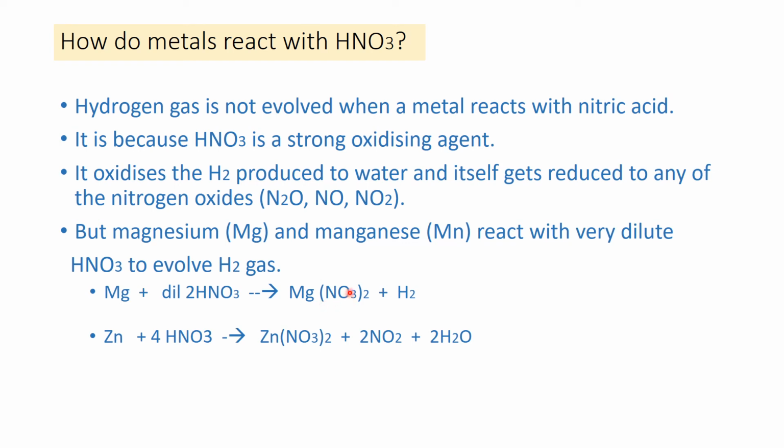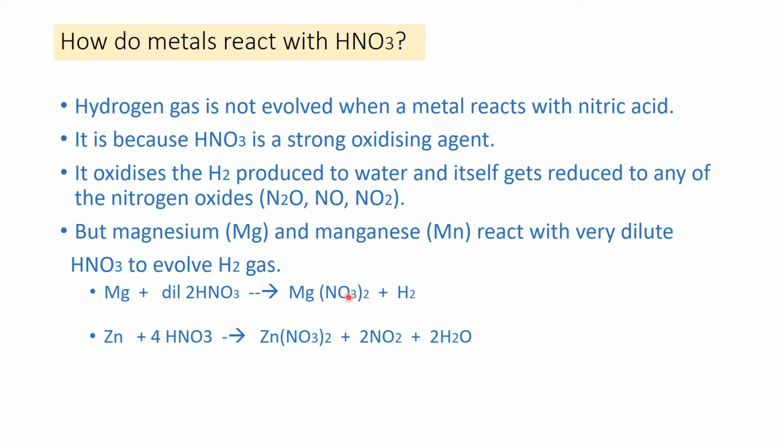The valency of NO3 is 1 minus and Mg has 2 plus. The formula will be Mg(NO3)2 plus H2. And you see that the reaction is balanced here, 2 hydrogen and 2 NO3.